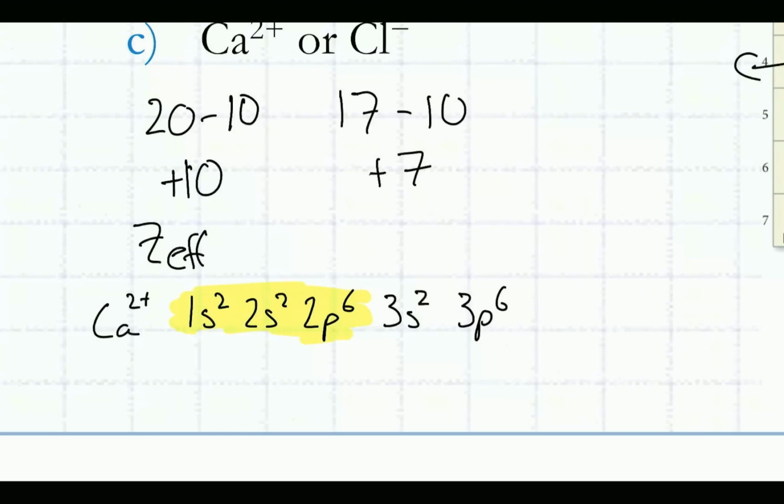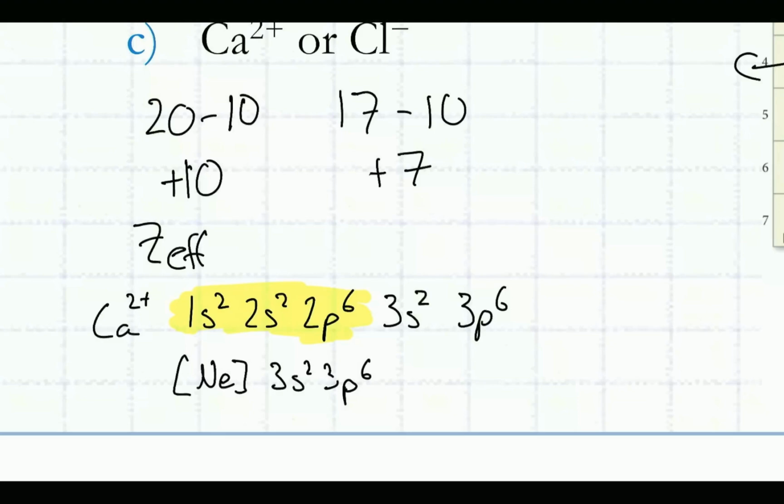Does that part make sense? Yeah. Good on that, right? So those are all the core electrons, and so that's 10. Okay. Now, the other way we could do this electron configuration is if I did neon, and then I said 3s2, 3p6. Because neon's electron configuration represents 1s2, 2s2, 2p6.